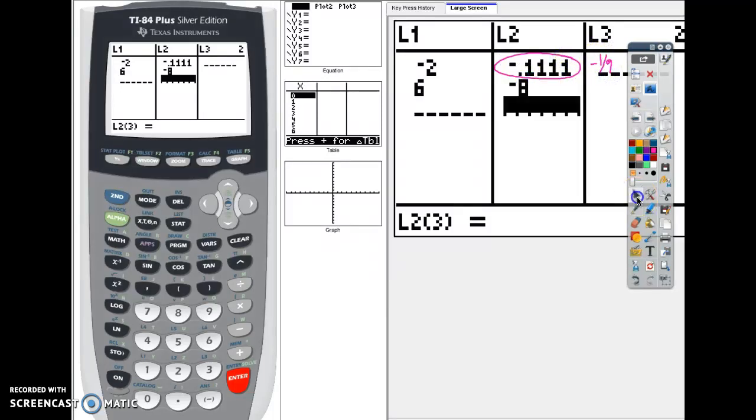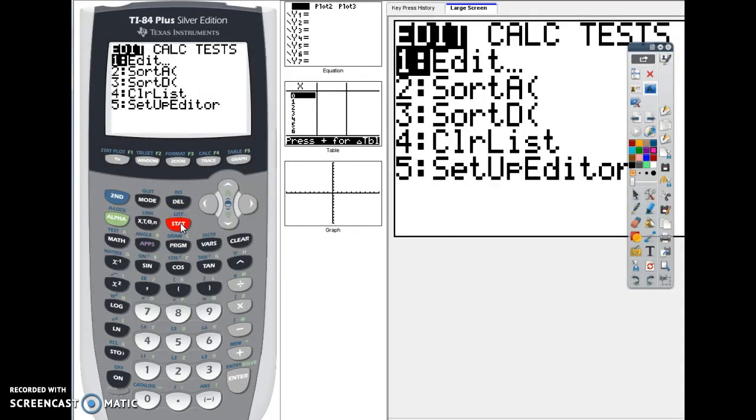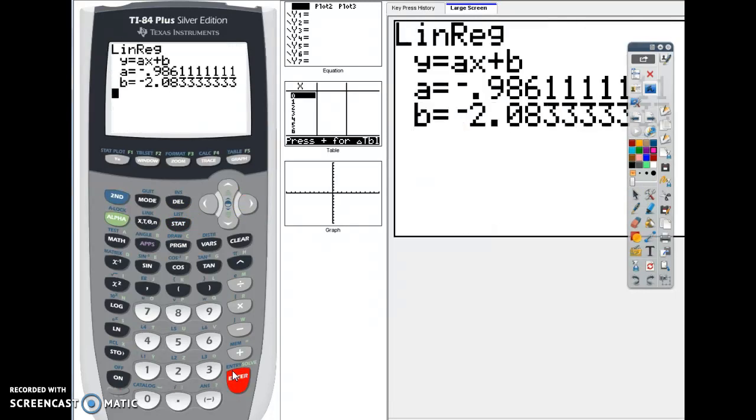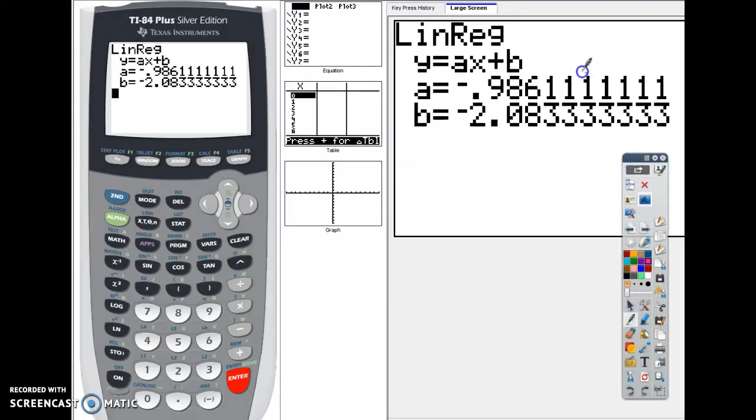Then we're going to do Stat Calc 4 and see if it gives me a slope of 1/5. So Stat, arrow over to Calc 4, enter. This is your slope right here. Is that what I wanted? No, that's not what I wanted at all.